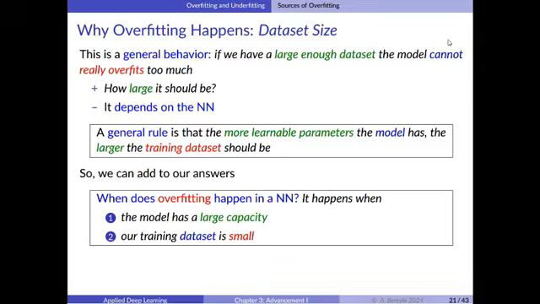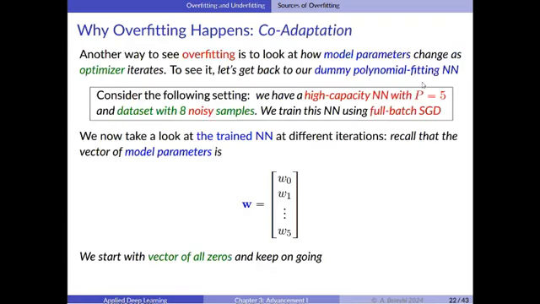Okay, the more learnable parameters the model has, the larger the training dataset should be. It's very important. Okay, and another aspect to see overfitting is how the parameters in the model change as we iterate over it with the optimizer.